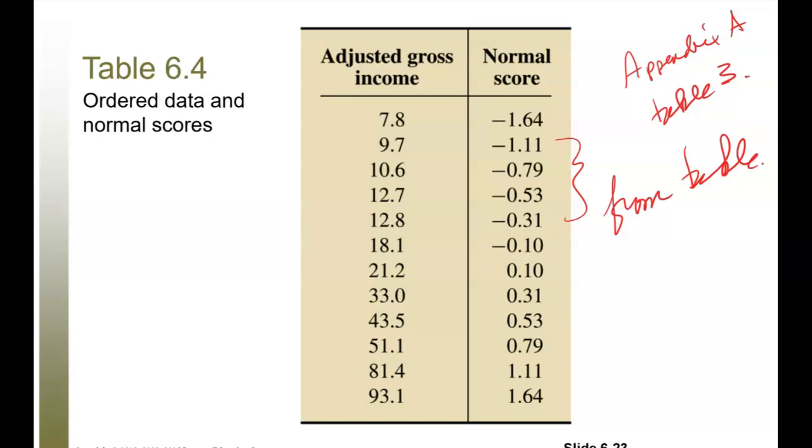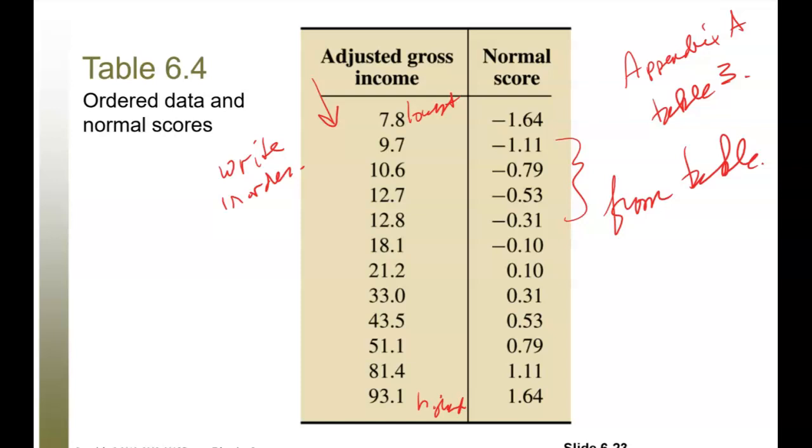So in other words, you take all your data values and write them in order. You position them. The lowest is first, and the highest is last. And the lowest data value, if it's normally distributed and you standardize your data, should be -1.64.